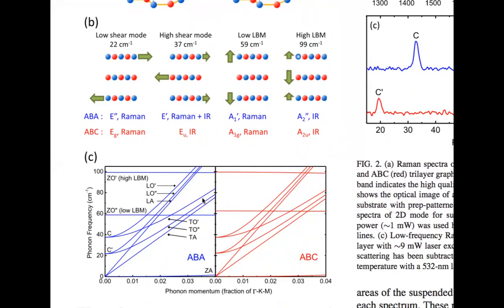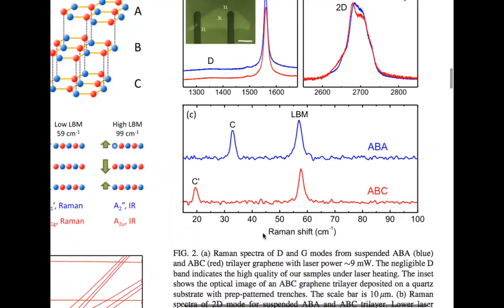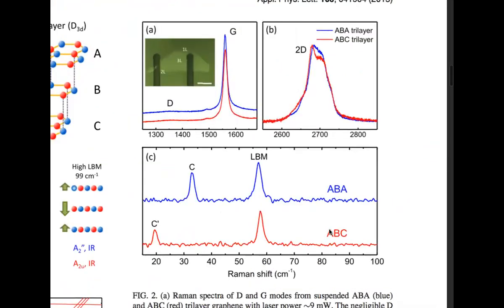Okay, so if you look at the phonon band structure, the energies are quite similar. So what is the physics there? However, if you measure the Raman, this is the Raman spectrum of ABA and ABC trilayer graphene. You see that they only show one layer breathing mode for both. You're supposed to have two layer breathing modes, but when you measure the Raman, you only see one.